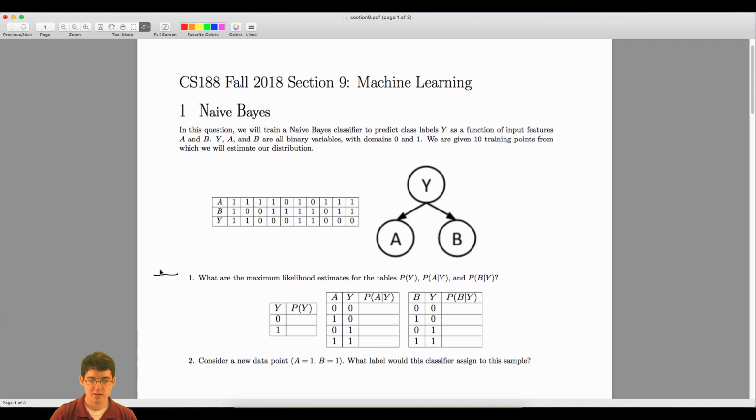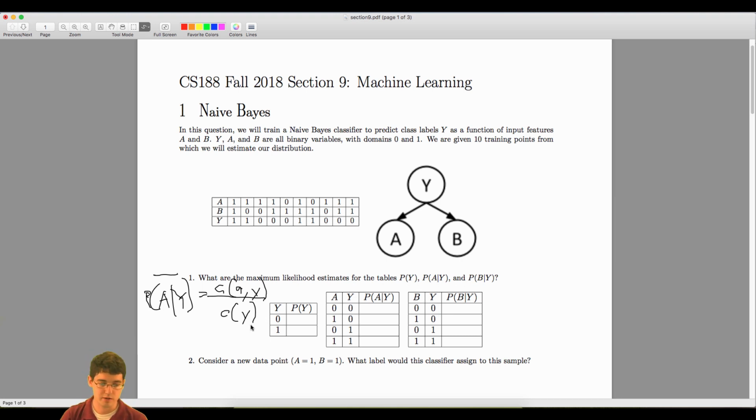So in order to get the maximum likelihood estimate from our samples, we're going to use counts from these samples. So this is similar to when we did sampling. Basically, say we're trying to find P of A given y. P of A given y is going to be equal to the count of a particular A and y divided by the count of y.